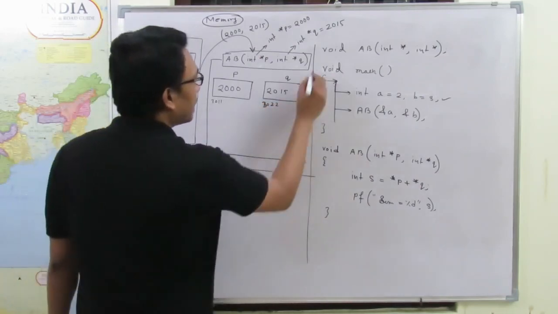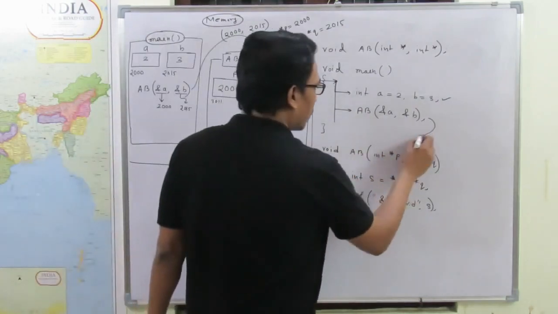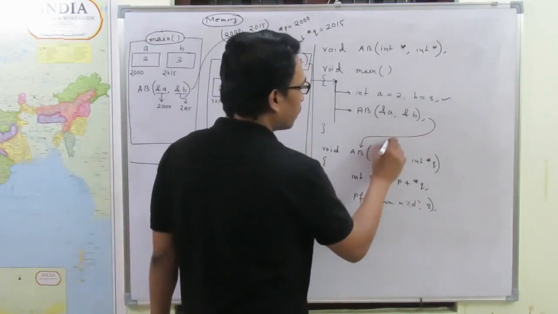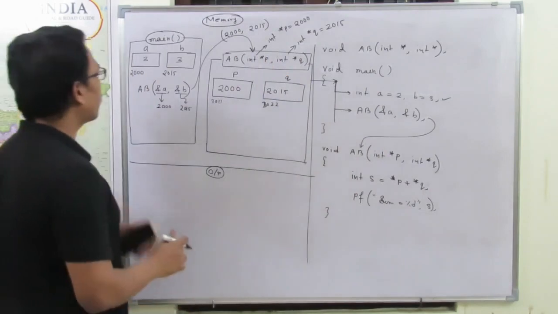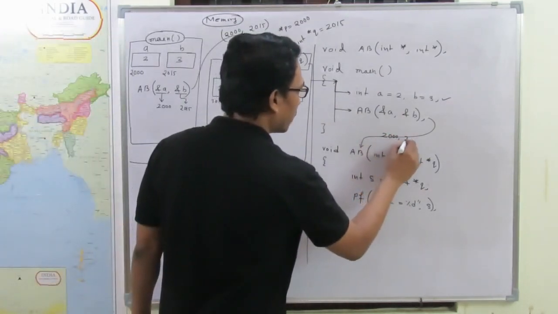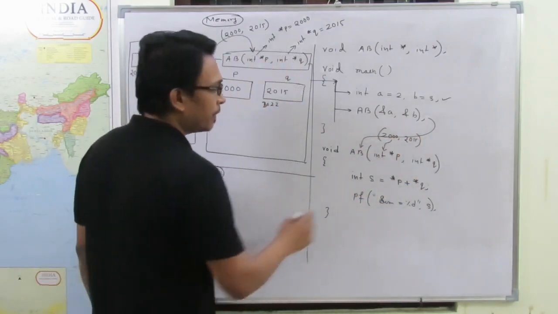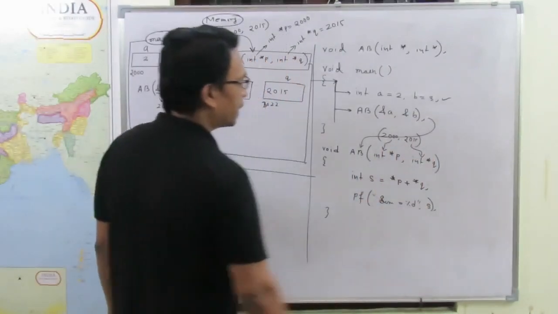That means control comes here with two addresses, 2000 and 2015, and this address is received by p, this address is received by q.